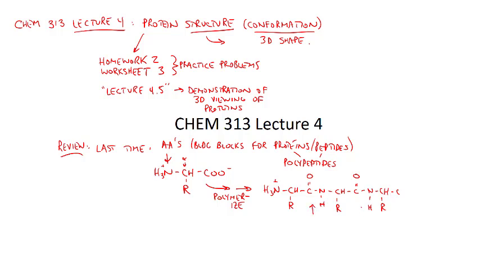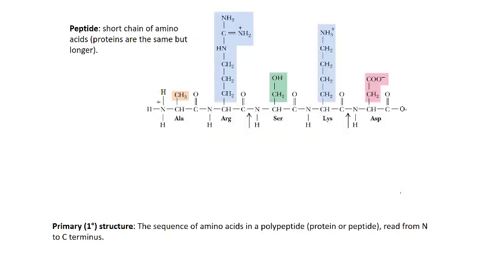What we have are these amide or peptide linkages connecting each of our amino acids, and we have side chains hanging off the side. This slide is just a review of the last slide we showed at the end of the previous lecture.